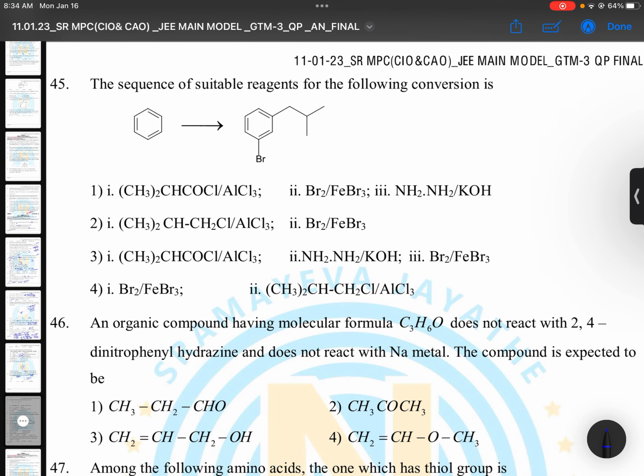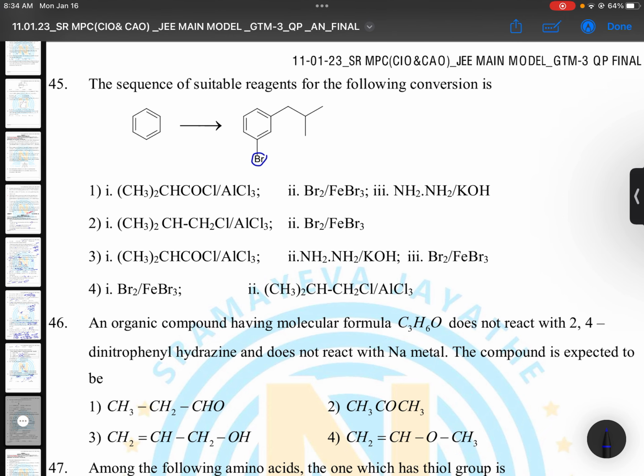The sequence of suitable reagents for the following conversion is, see, here bromine is given at the meta position. That is important. You only need 10 seconds of time also. You can directly do this. So first you go for benzene with this reagent, acylation, with isopropyl COCl. Now go for bromination. It's a meta director.